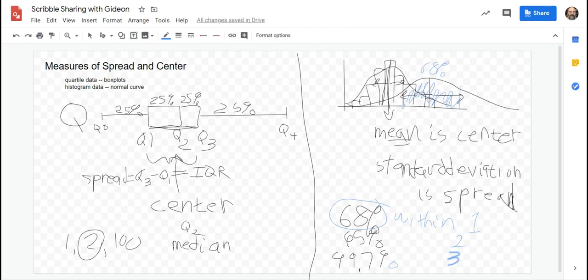So for example, let's go back to 68% within 1, right? 100% minus 68% gives you 32. But you better not draw 32 over here, because no, there's two sides. So don't forget, your leftovers are split in two.